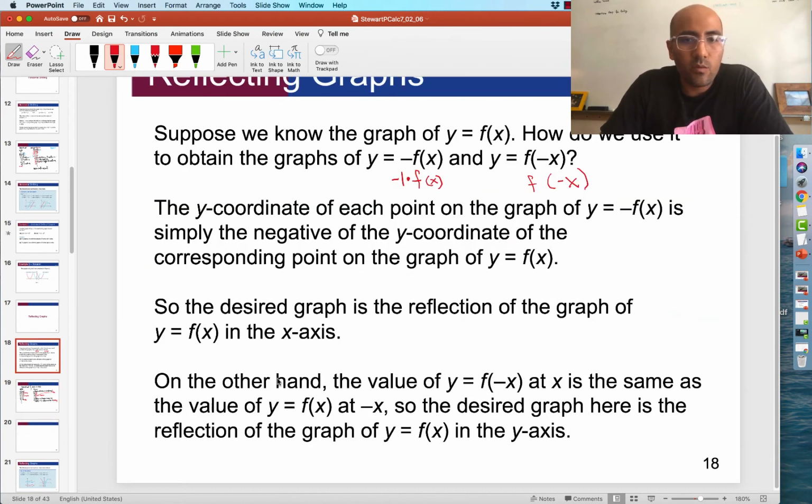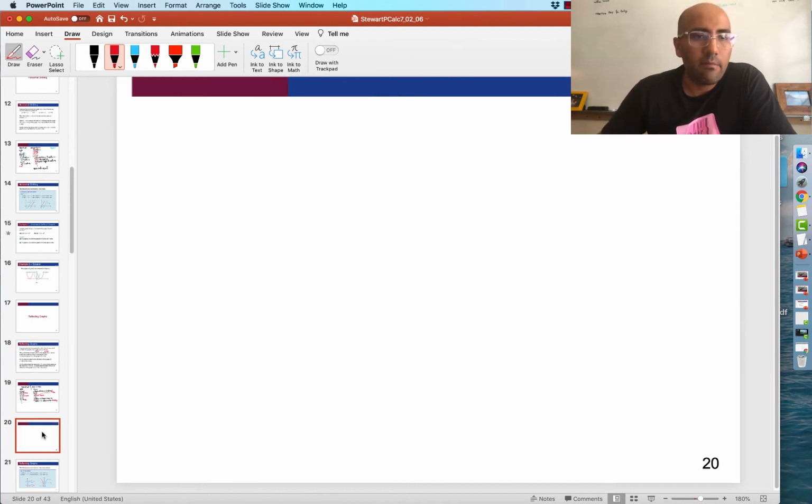On the other hand, the other one we want to consider is what happens when we multiply the argument of the function by a negative 1, right? That's different. The negative 1 is on the inside of the function. So let's explore what happens with that case. So again, back to our good old trusty f of x equals x to the third power minus 2x squared. And we have our table values.